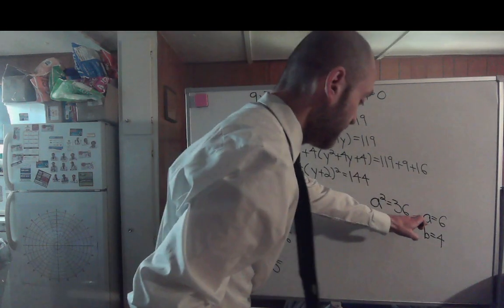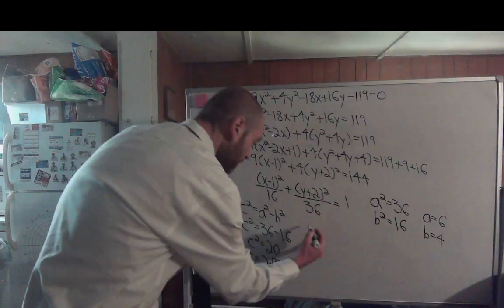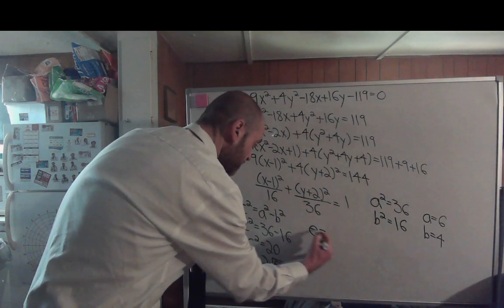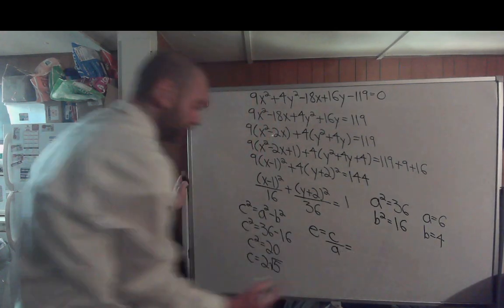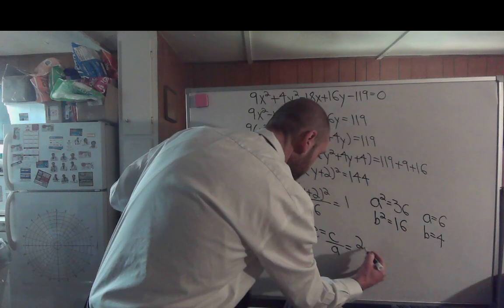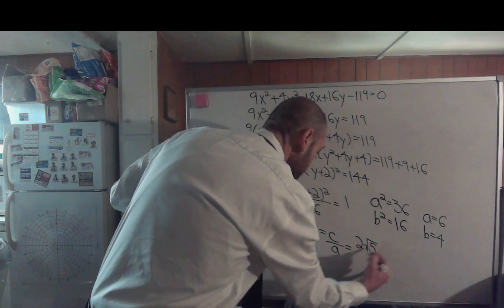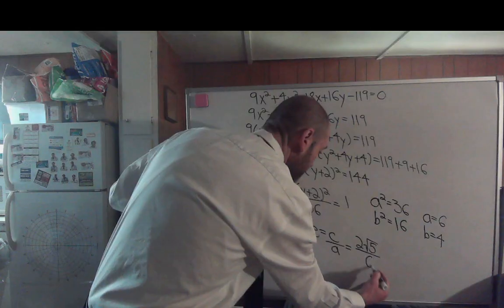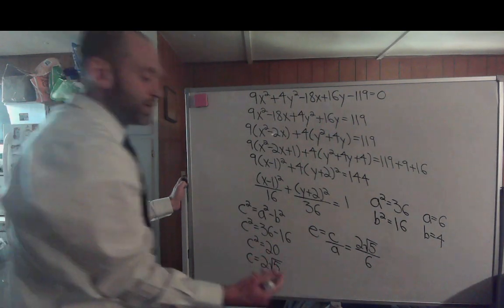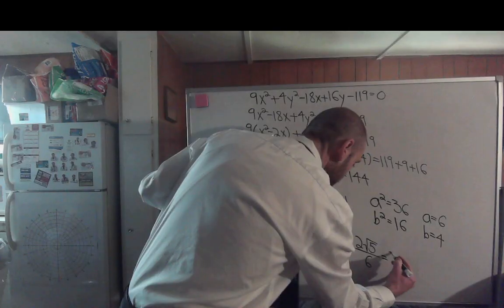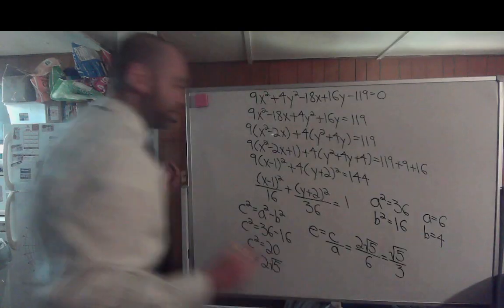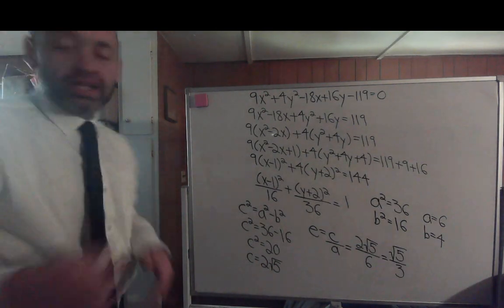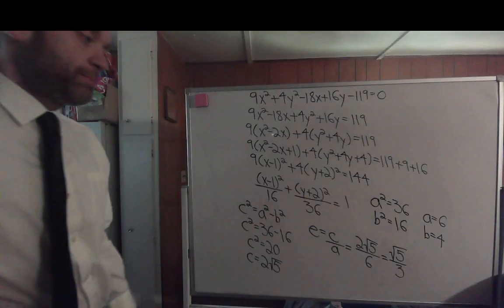We also have a. Well, the eccentricity is always going to be c divided by a. C is 2 times the square root of 5. A is 6, so you'll have 2 times the square root of 5 over 6. This would simplify into the square root of 5 divided by 3. Now, usually they like a decimal approximation.